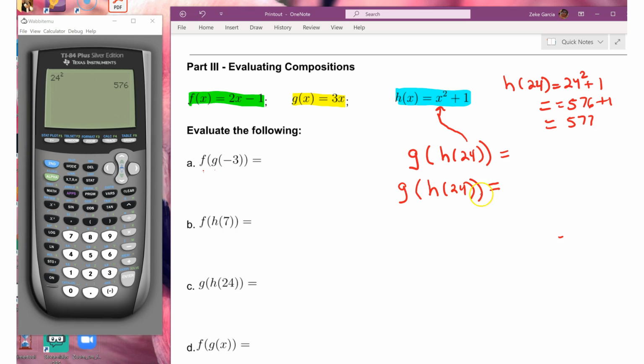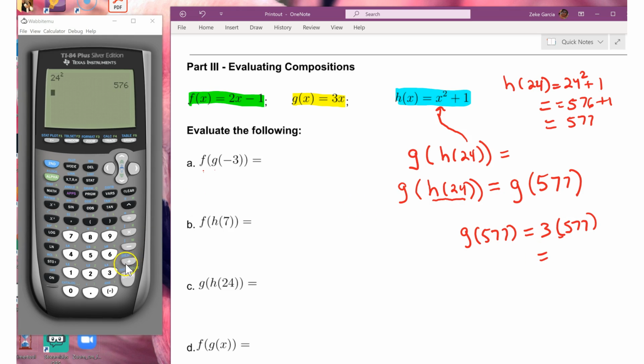So now the input for g is going to be 577. So now what you're going to have to do is use function g, which says g of 577 is equal to 3 times 577.